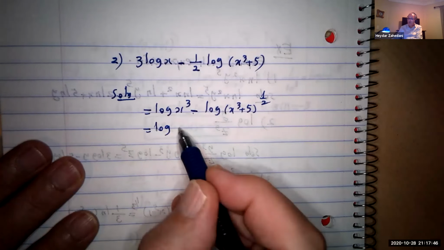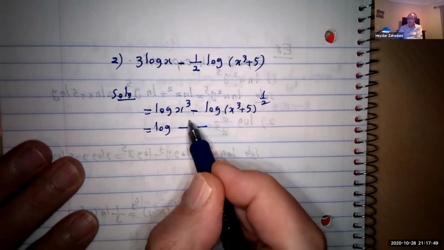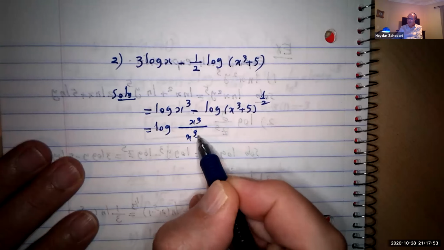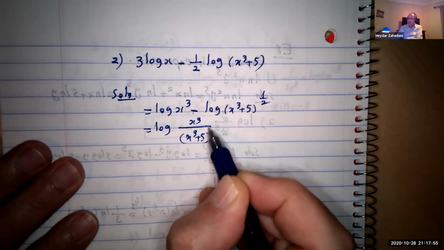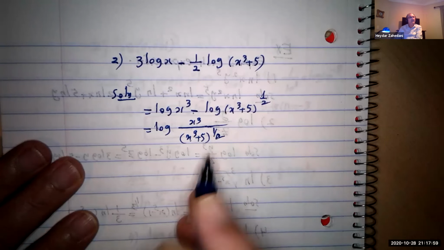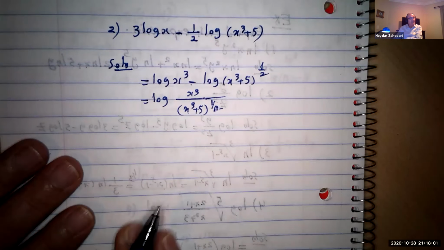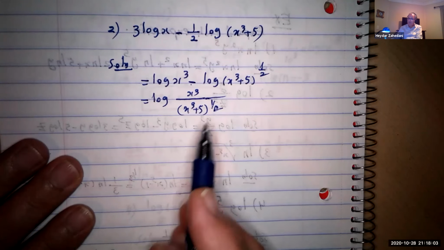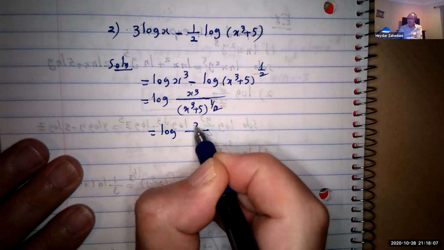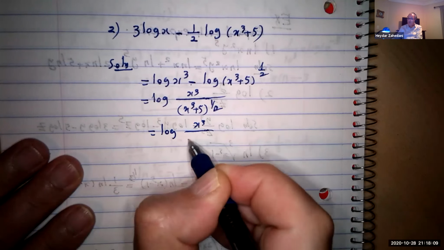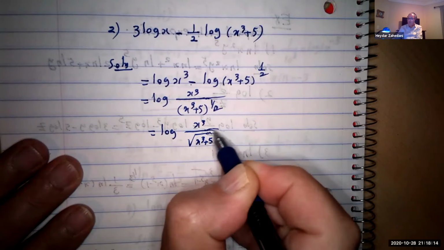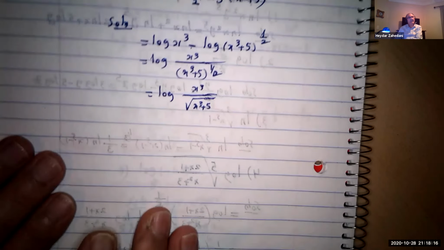With the minus, you need the quotient. The top x cubed, the bottom x cubed plus 5 to the half. But you have to change it to the radical. So it's going to be log of x cubed over the square root of x cubed plus 5. That would be the final answer.